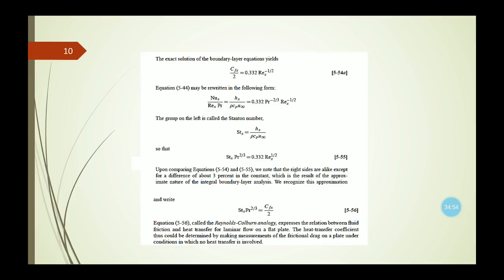And if we replace this left side with the dimensionless term Stanton number, the equation can be represented in the form of Stanton number, and the final equation will be Stanton number multiplied by Prandtl number to the power 2/3 equals 0.332 Reynolds number to the power minus half.